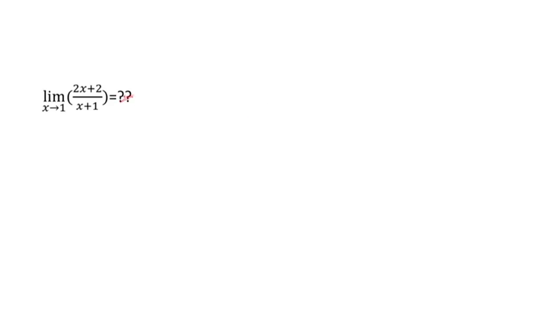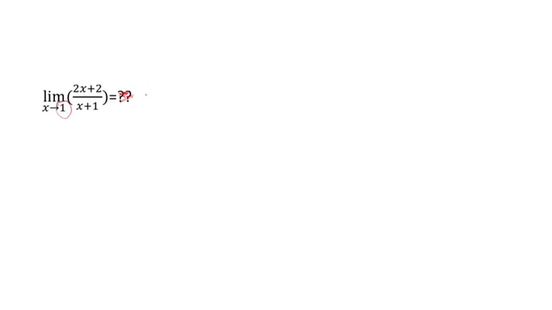So I'll continue evaluating limits. I'm trying to find the limit of 2 times x plus 2, divided by x plus 1, as x approaches 1. Obviously I can plug in 1 directly and see what I get.